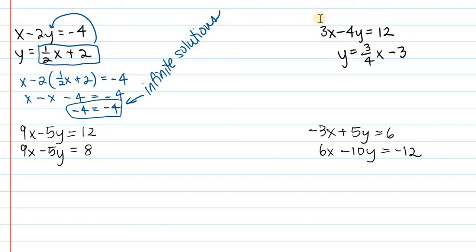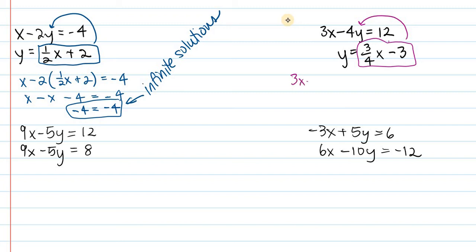Okay, let's look at this one. I have, again, a standard form equation and then a slope-intercept form equation. So I'm going to use substitution. I'm going to take this expression and substitute it in for y.